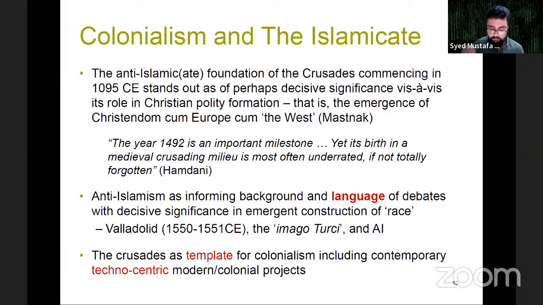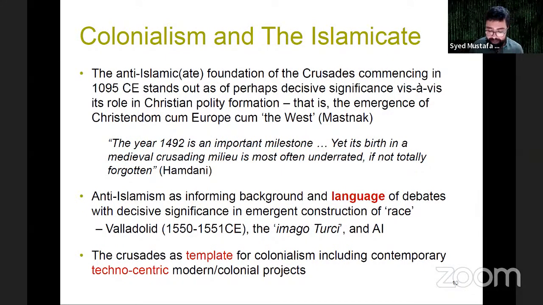While decolonial scholars rightly point to the colonial moment of the longue durée of the 16th century, inaugurated by the fall of Granada in 1492, and the commencement of the Eurocentrically framed voyages of discovery as initiating indigenous genocide, systemizing anti-Black racism, and bringing the modern colonial world into being along structurally hierarchical lines, the phenomenon of structural systemic anti-Islamism dates back much earlier, arguably to the launch of the Crusades.